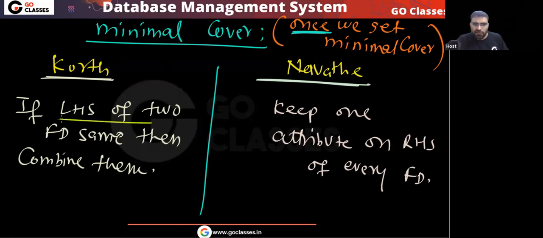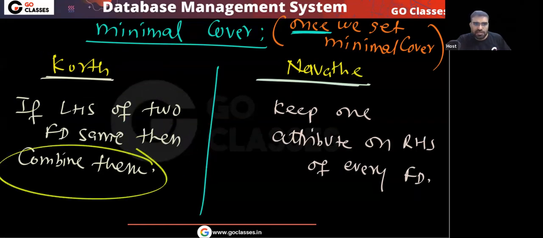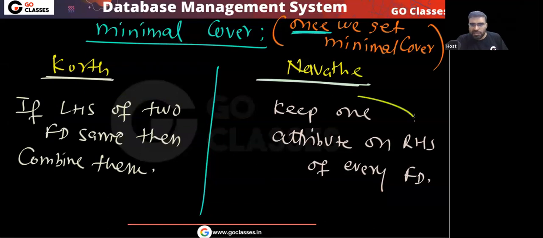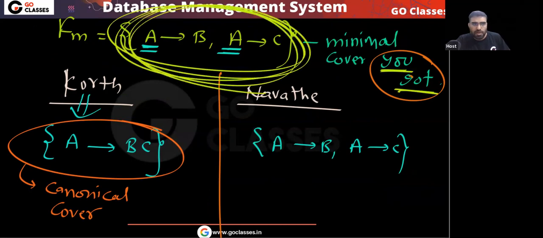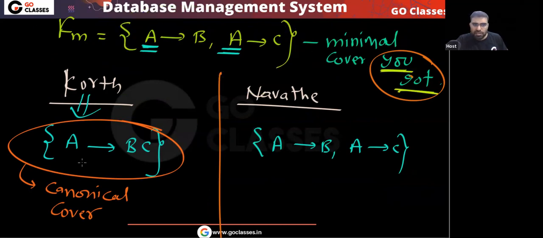Korth says that if the LHS of two FDs is the same, just combine them. And Navathe says keep a single attribute on the RHS. So let's assume this is the answer you get. Then Korth says that if the LHS is the same, combine them, and Navathe says that on the RHS you put a single attribute.